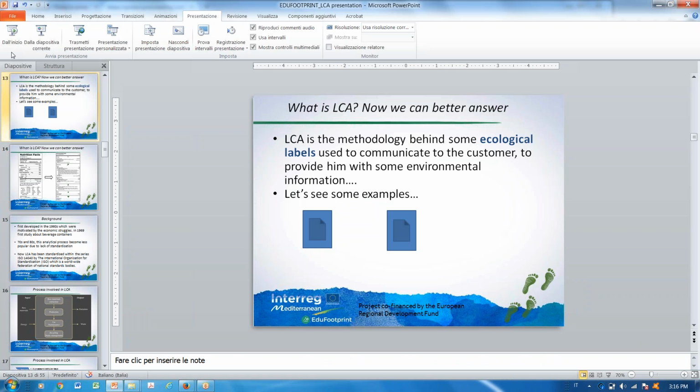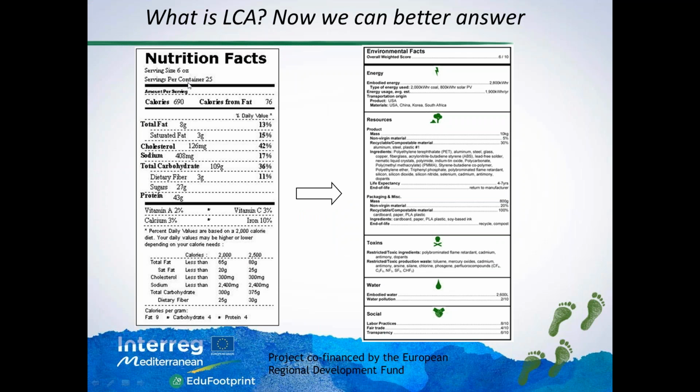So LCA studying is a sort of identity card. I just put this label, which is nutrition facts. These are the labels you can find on a foodstuff, on a food product, which tell you all the fat, the cholesterol, the carbohydrates and proteins which are inside the product you are going to eat.